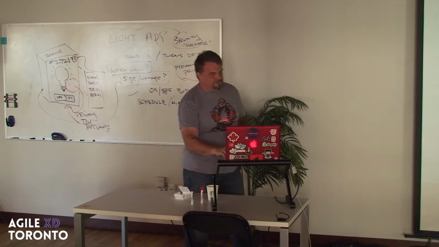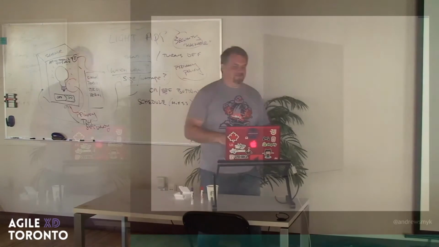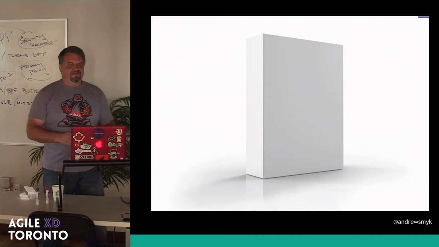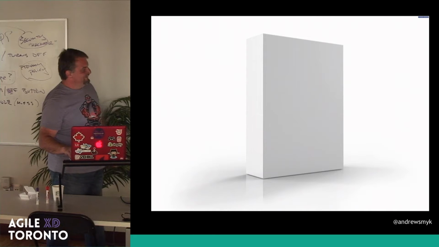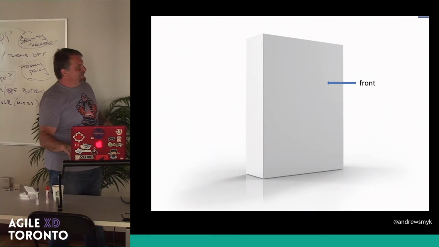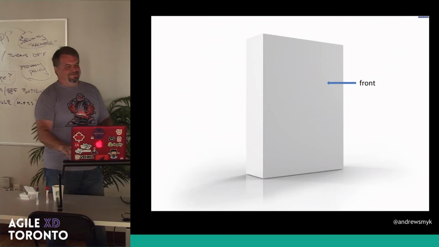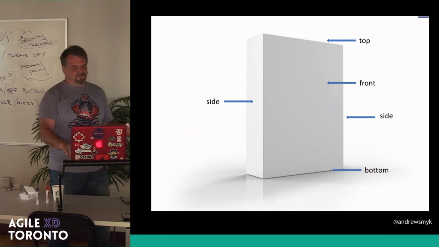All right, so if we get back, this is a really bad slide, I guess. There is a box there, okay? This is very Apple-esque, okay? So you figure out what's on the front, then you figure out what's on the sides, and then you figure out what's on the top and the bottom.